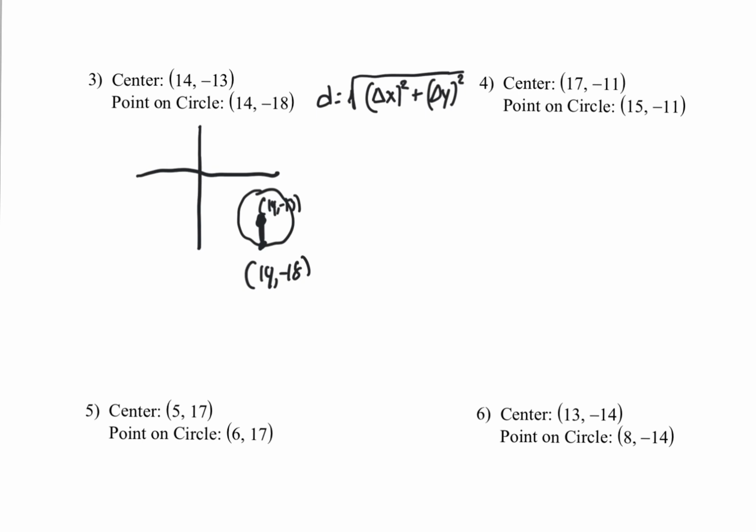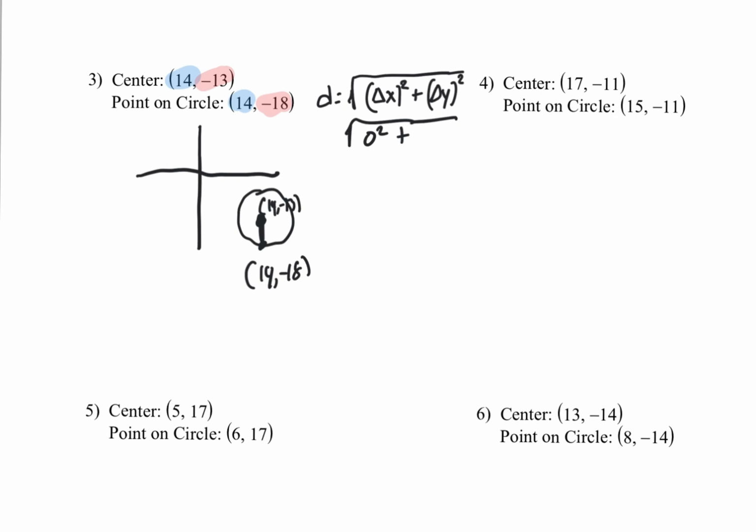Once we have our radius, we're good to go. So if we look at our x values, my x value goes from 14 to 14. So when I say how much does it change, it doesn't change at all. So the change in x is going to be 0 squared. The y value is going from negative 13 to negative 18. So it's changing by negative 5 or 5.